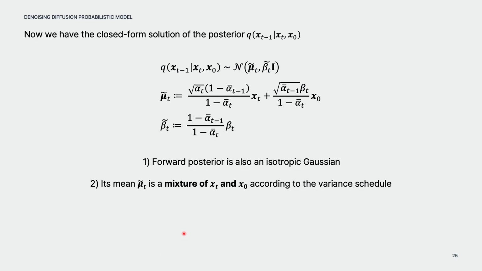So this q of x t minus 1 given x t and x0 is modeled as an isotropic Gaussian, and the mean mu tilde t is a mixture of x t and x0, and the weight is given by alphas and betas. So basically, the weight is given by the variance schedule.